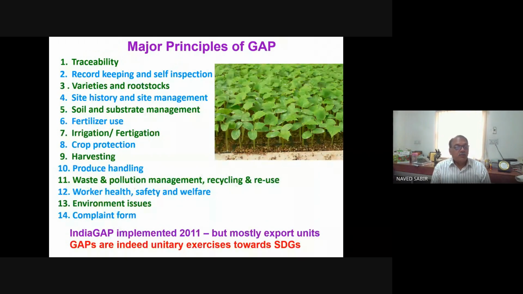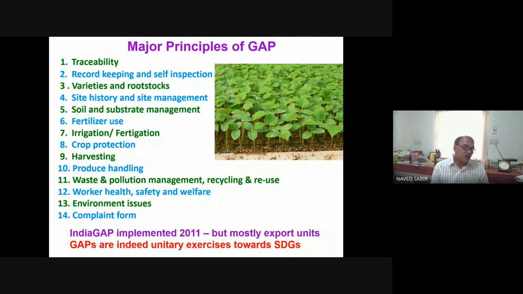Then the welfare of the society as a whole in the production system is considered not good, and cannot be certified by the audit. That is why you have to have an internal audit as well as an external audit. Similarly, you have to address the environmental issues. For example, if there was a hazard, such as a drum of chemical pesticide which was allowed in the agreement, but there was a spill of the pesticide, whether it was addressed or not.